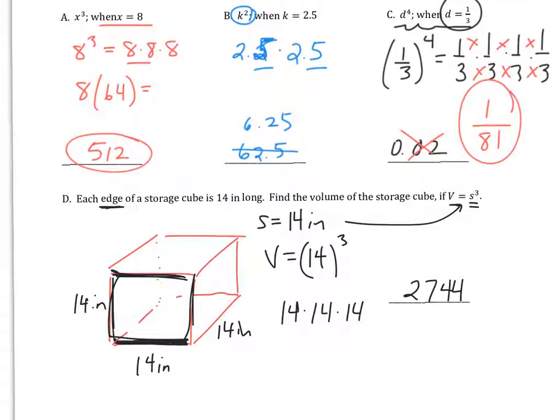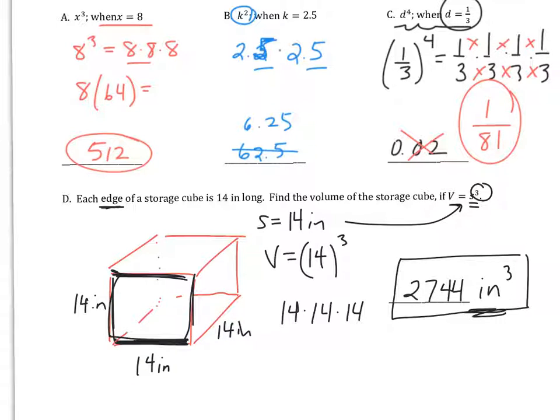Okay, and then does anybody know how to write the units? Since it's a word problem, we should get what units? I don't know. Well, look at the question. Inches? Squared? No. Cubed. Because since we're using cubed, we're going to stick with cubed, okay? And so that's our final answer, okay?